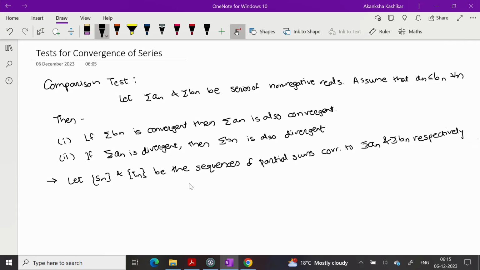So an is less than or equal to bn for every n would imply Sn is less than or equal to Tn for every n.